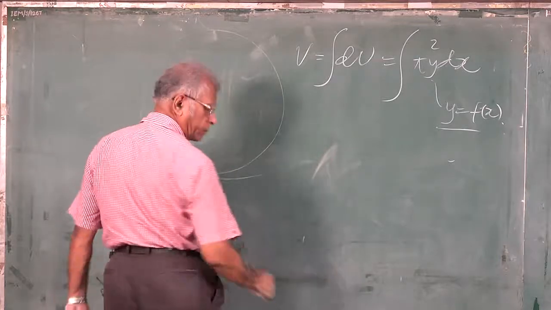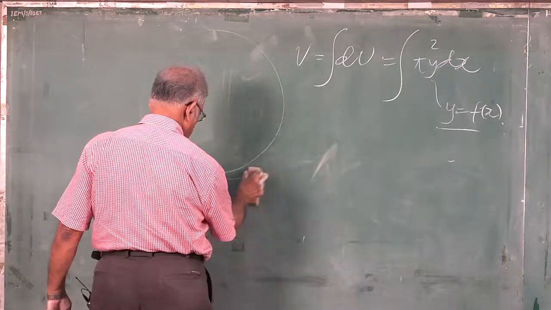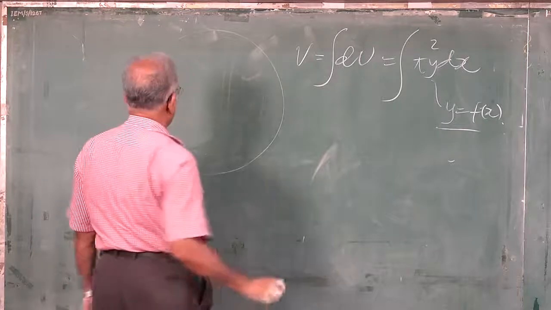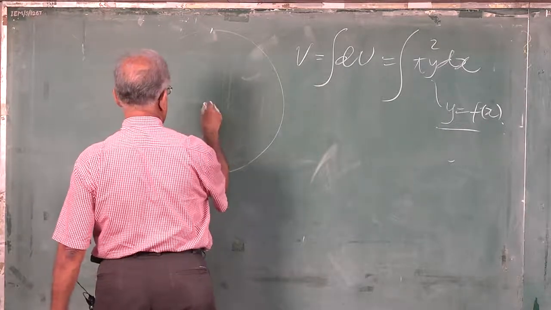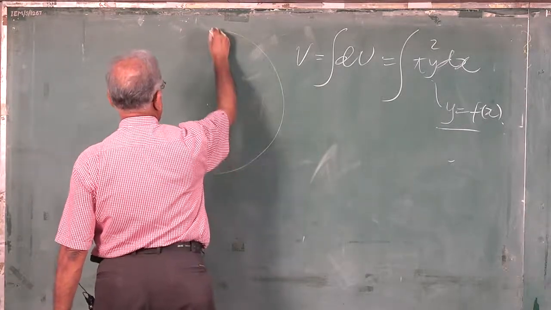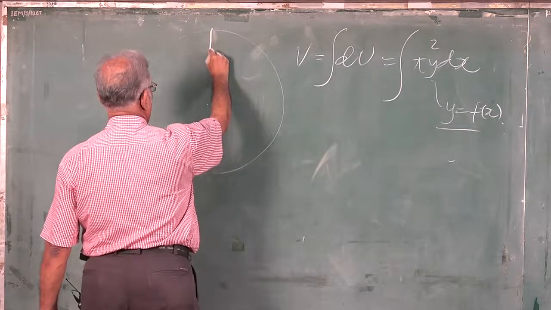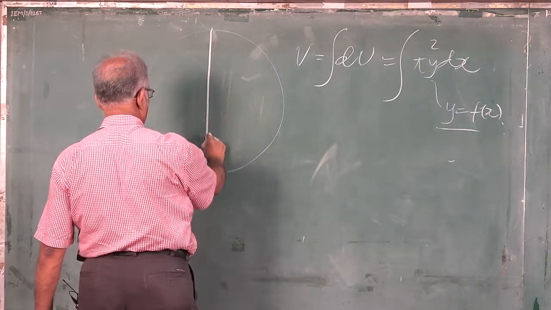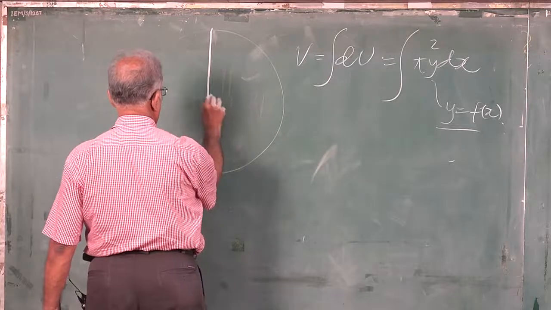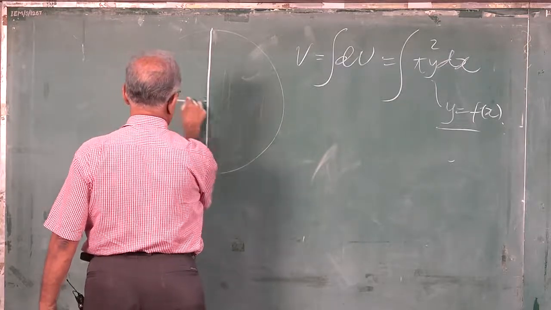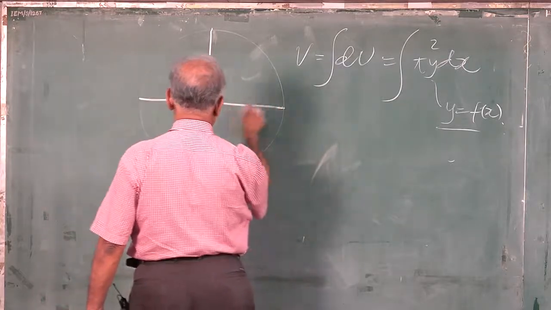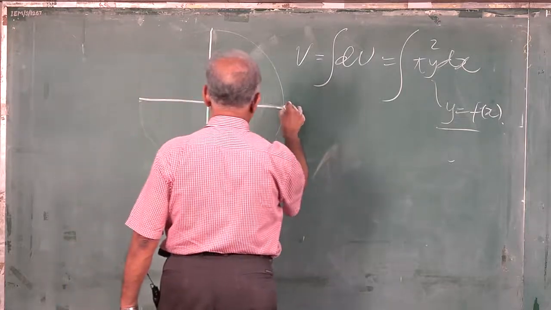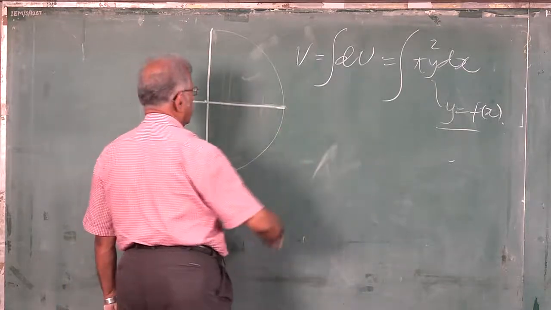This is the full circle. We draw a quadrant of a circle, or rather the full circle.